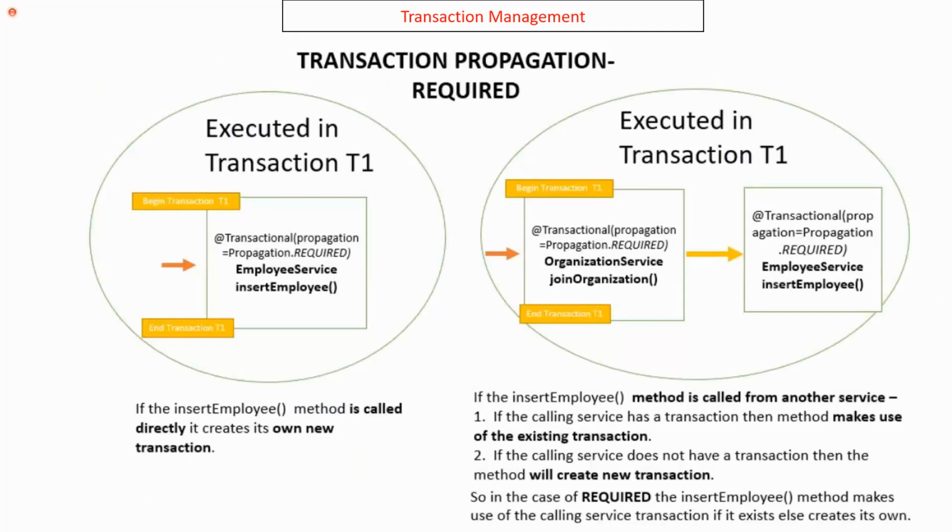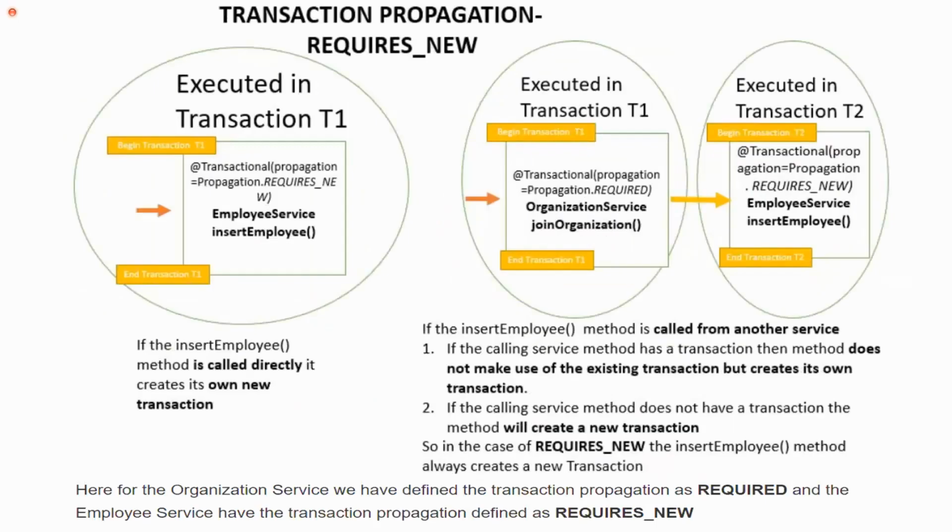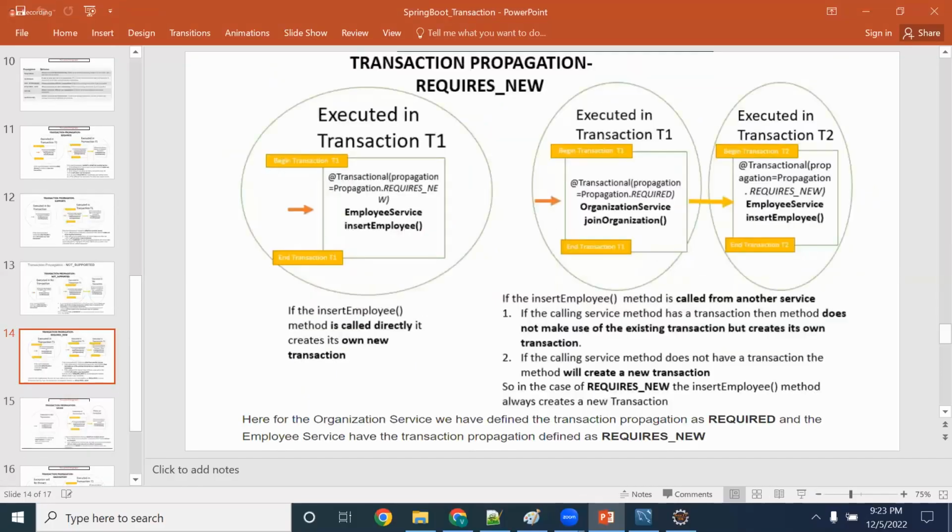Yes, sir. So now you can go through the example here. My scenario is: organization service, employee service.